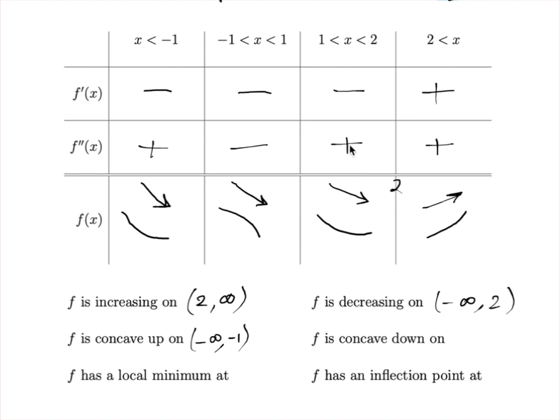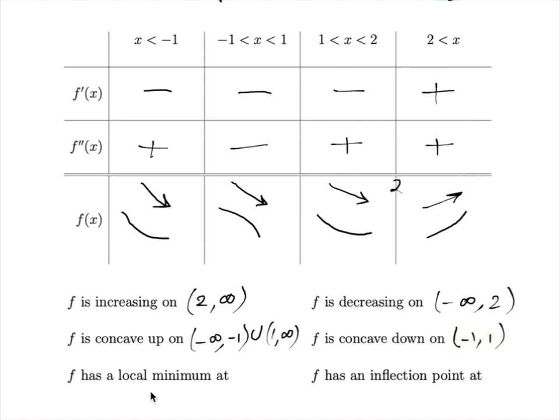These are all positive there. So union 1 to infinity. F is concave down here. This is the only interval, negative 1 to 1.